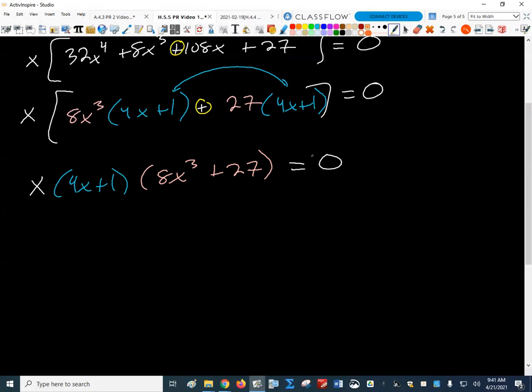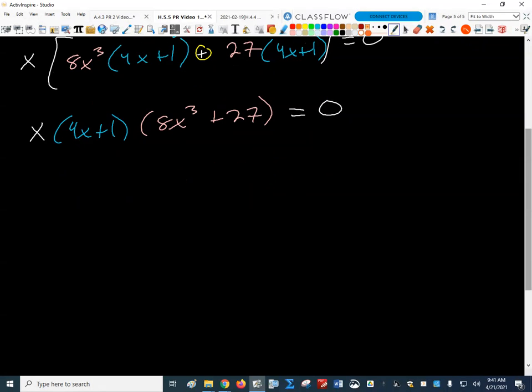Okay, good. Do I have to keep factoring? I do, because I've got a cube there. And this one is a sum of cubes, isn't it? This is just going to give me 2x quantity cubed plus 3 cubed. So what am I getting then? X times 4x plus 1 times a plus b.